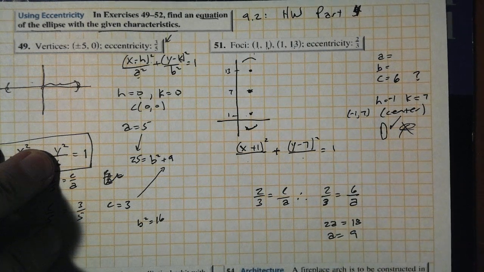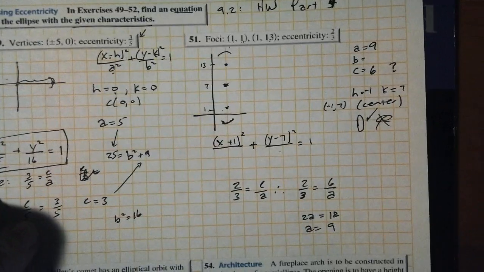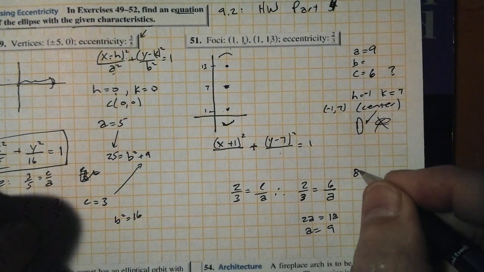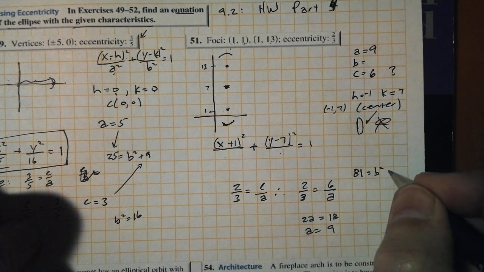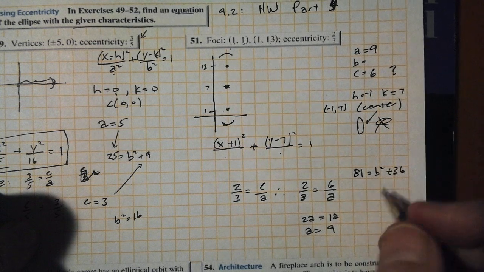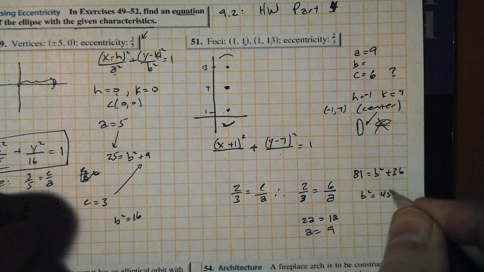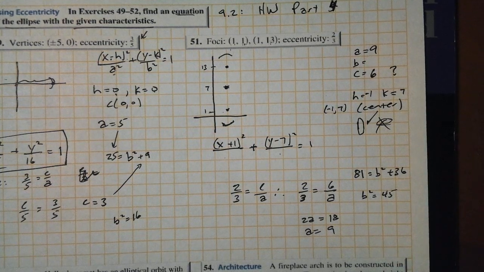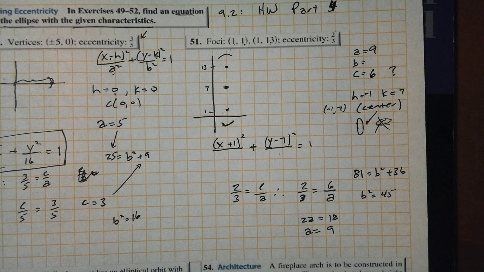A is 9. And A squared equals B squared plus C squared. I get B squared is 81 minus 36, 45. What is B? And the real answer for how this problem concerns us is who cares?